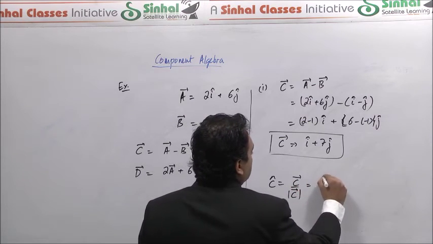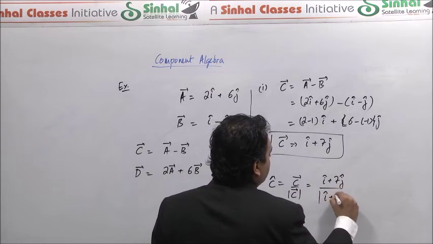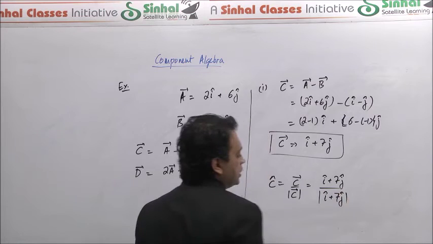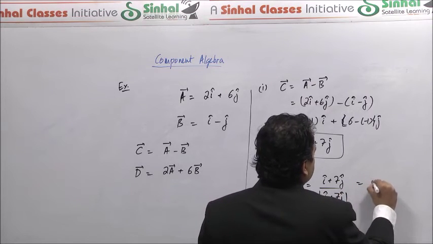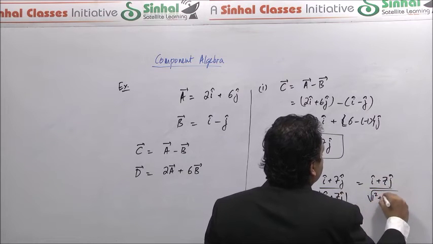So that is i cap plus 7j cap divided by the magnitude of i cap plus 7j cap. So that would be i cap plus 7j cap divided by square root of 1 square plus 7 square.